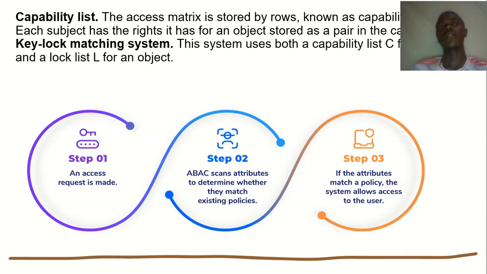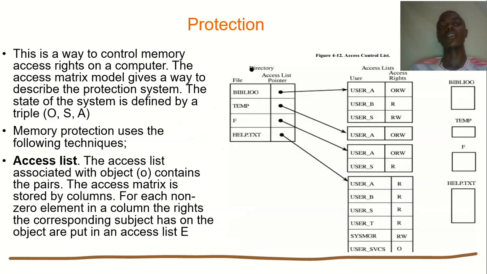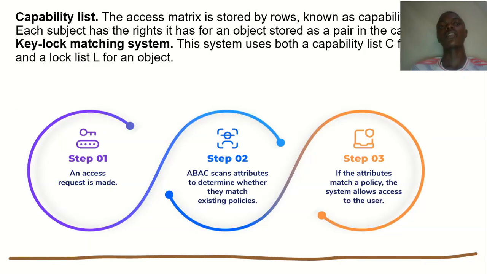Another technique they use is a key-lock matching system. This system uses both the capability list and the access list.